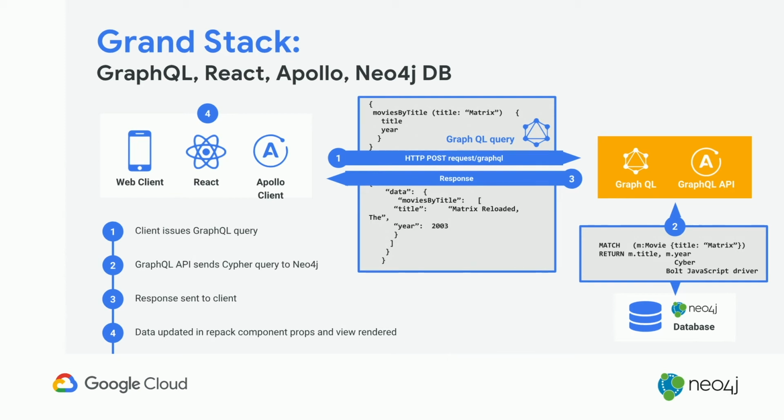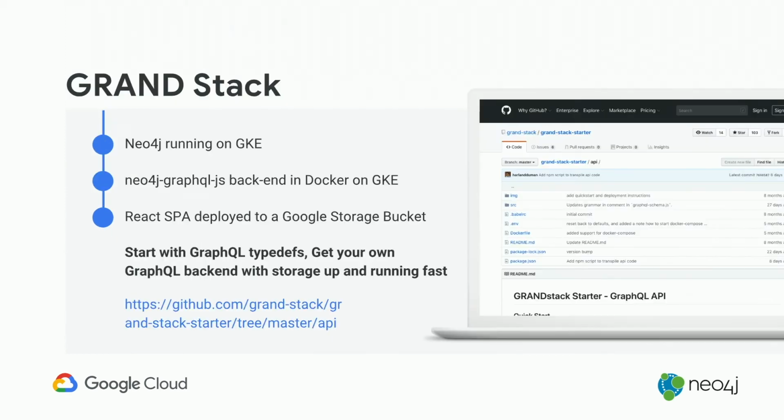So clients issue GraphQL queries. That GraphQL query gets translated into Cypher, hits Neo4j directly, and a response goes back to the client. This can work with both read and write queries. In this case, you have Neo4j running in GKE, and you have Neo4j GraphQL.js, which is linked on this slide, running in Docker on top of GKE as well.